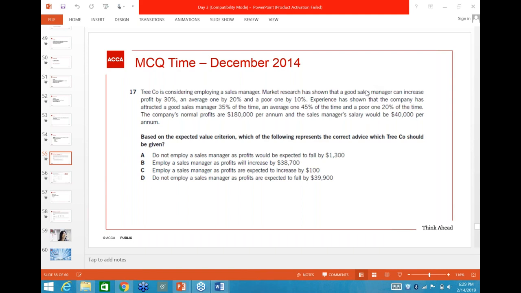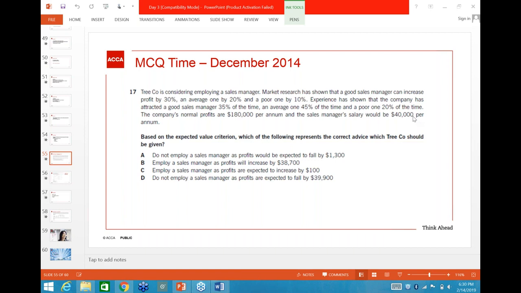Three companies considering employing a sales manager. Market research has shown that a good sales manager can increase profits by 30%, an average by 20%, and a poor one by 10%. Experience has shown that the company has attracted a good sales manager 35%, average 45, a poor 20.